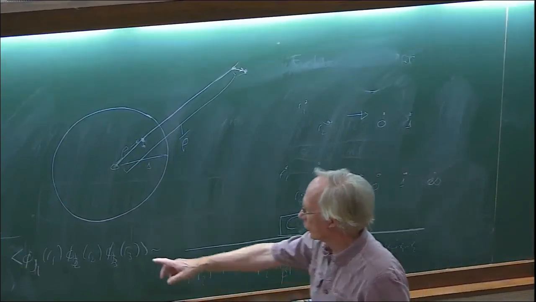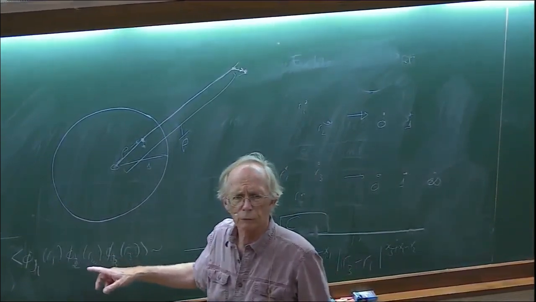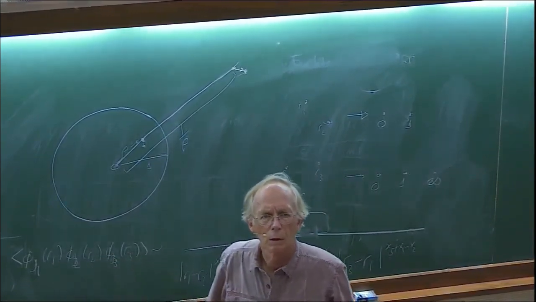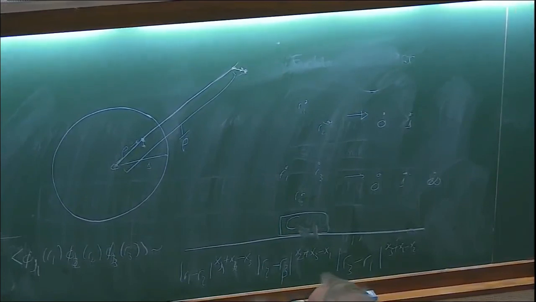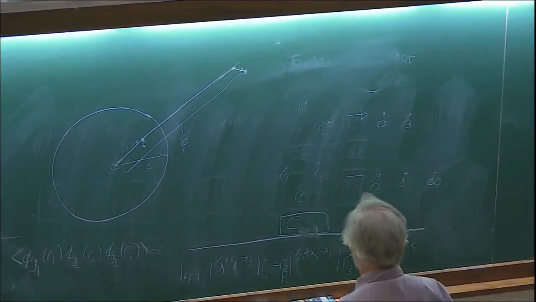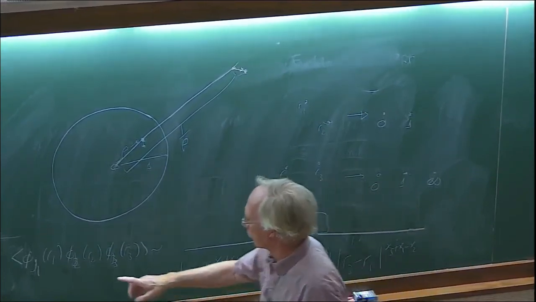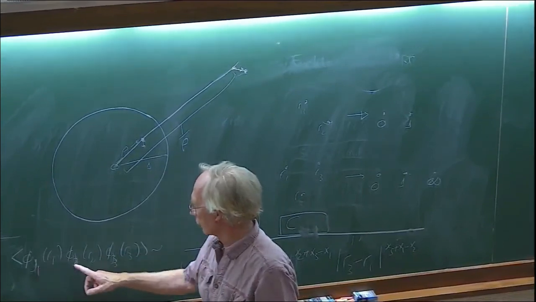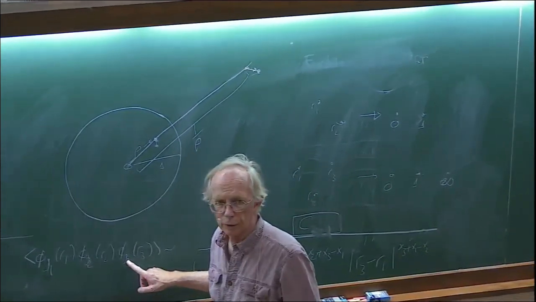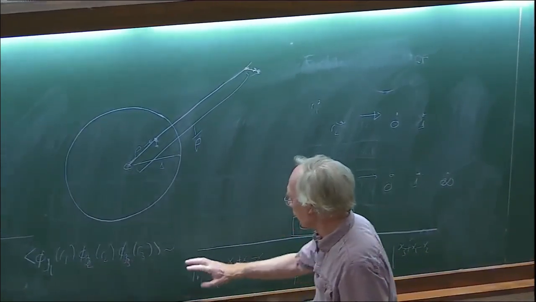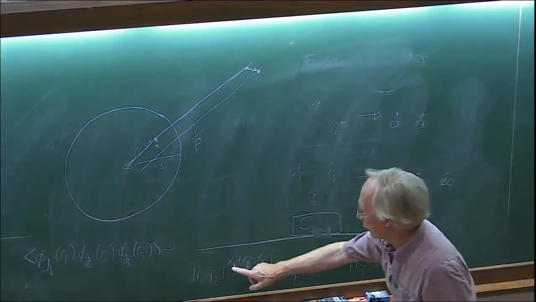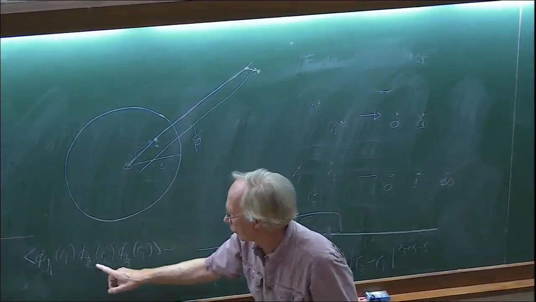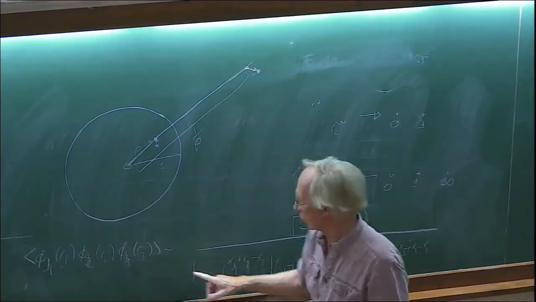No, these don't have to be the same field. What I'm saying is that for any choice of phi of J1, phi of J2, phi of J3, the form of this 3-point function is this, where these x's are the x's of each of these fields, okay?